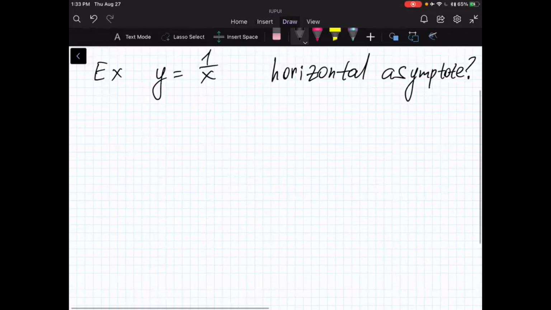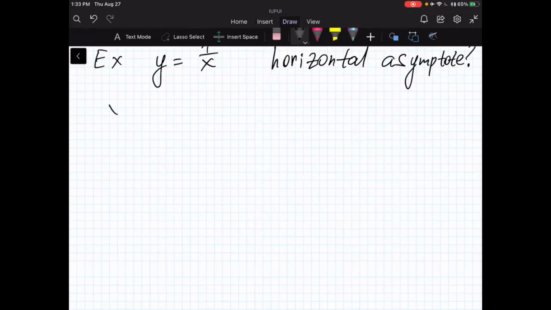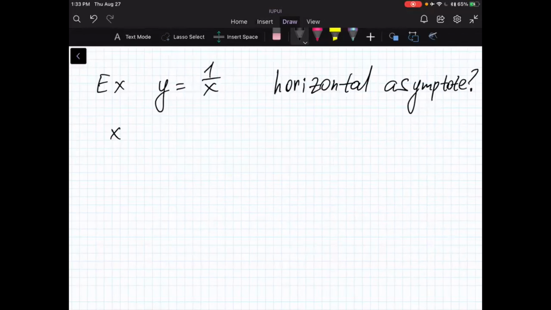And we know when x is getting larger, our y becomes smaller and smaller, so y goes to 0.